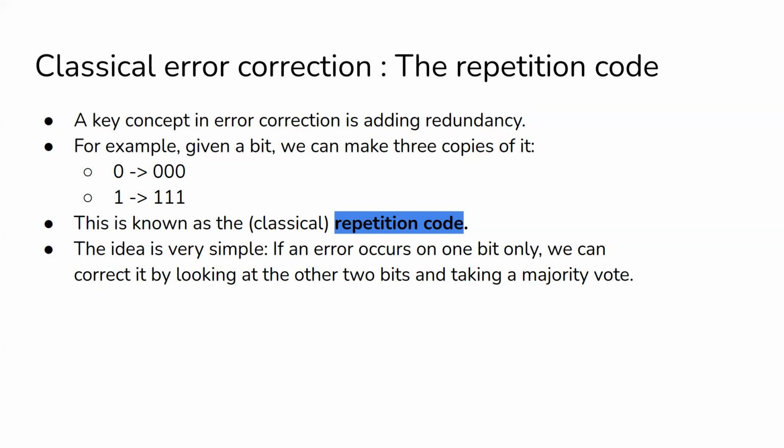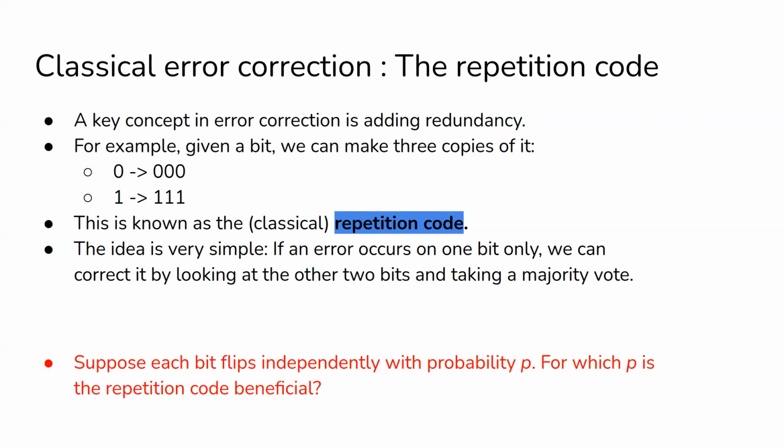So this is going to be an exercise. I want you to think about the following. Suppose each bit flips independently. So each of the physical bits, the 0s and 1s that we're sending, flips with probability p.